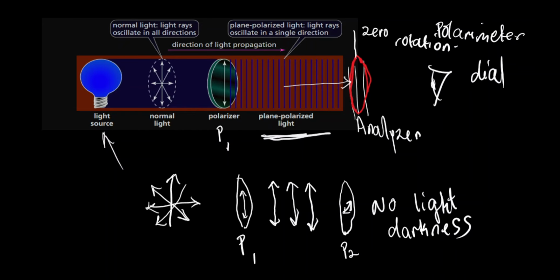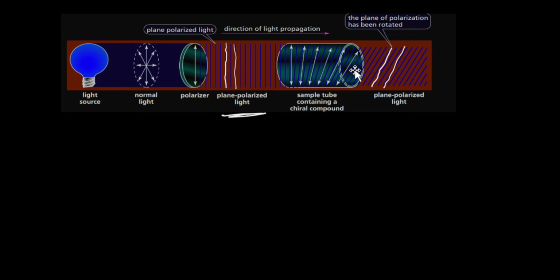Now let's take a look at the case. We still have our analyzer here, and then we have our observer here. The chiral compound has now been placed in position.